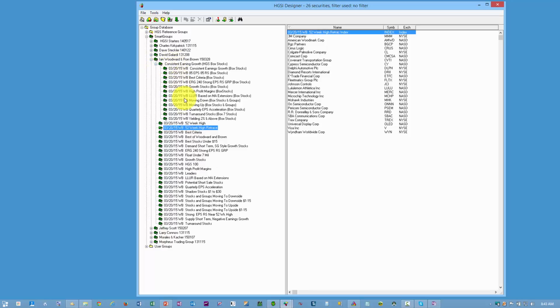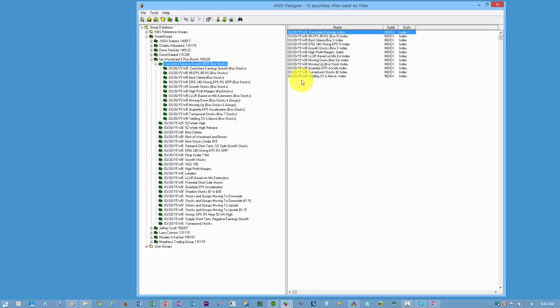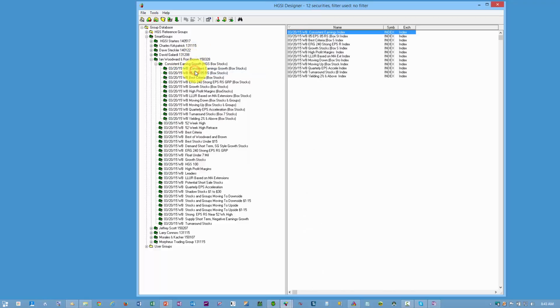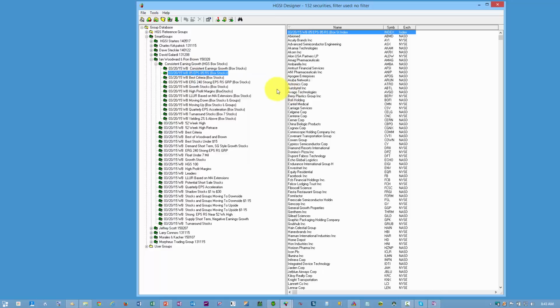Now notice that there are subfolders under the consistent earnings growth, which is all of the box stocks. If I right mouse click, go into here, you can see there are 757 of them. Now what I did is I took my warehouse views and applied a certain criteria to these box stocks.